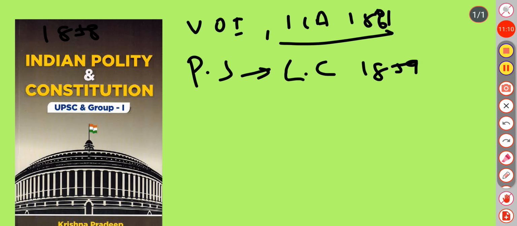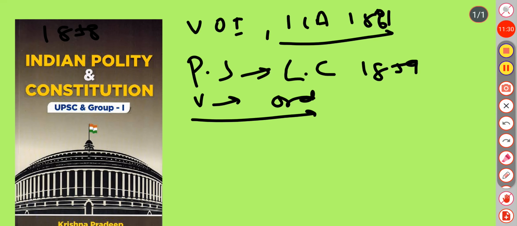It was given recognition, and the Viceroy was given the power to issue ordinances, right? Ordinance. So it is important, right?